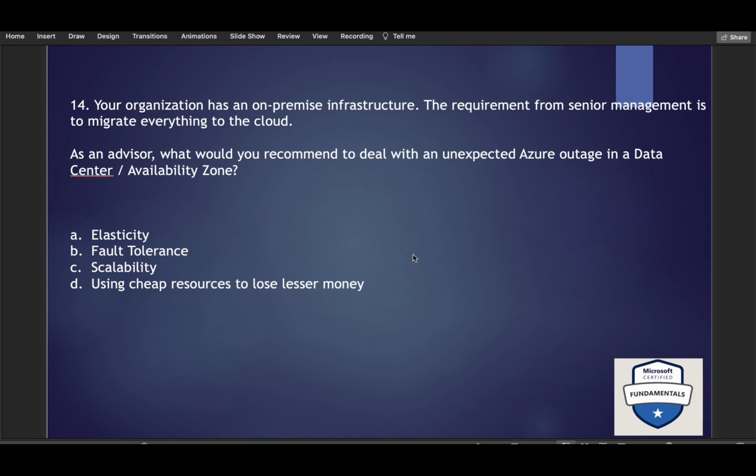Your organization has an on-premises infrastructure. The requirement from senior management is to migrate everything to the cloud. As an advisor, what would you recommend to deal with an unexpected Azure outage in a data center or availability zone? There are several mechanisms built into Microsoft Azure to ensure services and applications remain available in the event of a failure.